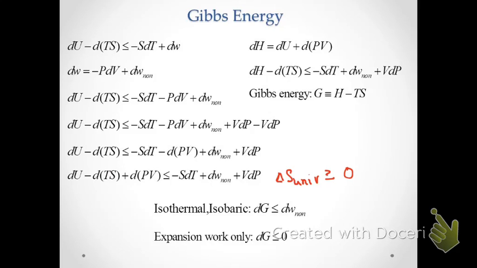Again, these are calculations based entirely on system variables and do not require us to calculate explicitly delta S for the surroundings. And this is the real advantage of delta G for the isothermal isobaric process, and delta A for the isothermal isochoric process. Now, in our next video, we'll be looking at further applications of the fundamental equations of thermodynamics, and we'll be relating delta A and delta G to equilibrium systems.